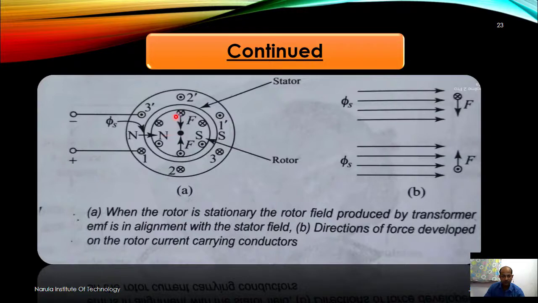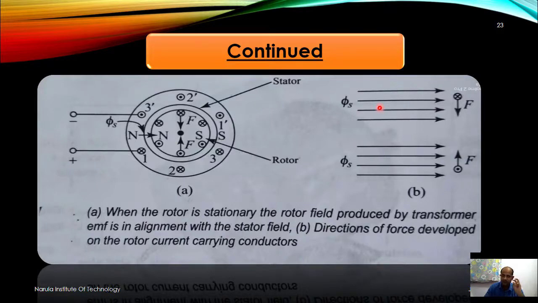The rotor magnetic field is aligned with the stator magnetic field. The alignment is the same, and there is no angle between the stator field and the rotor field. So the torque angle is 0.